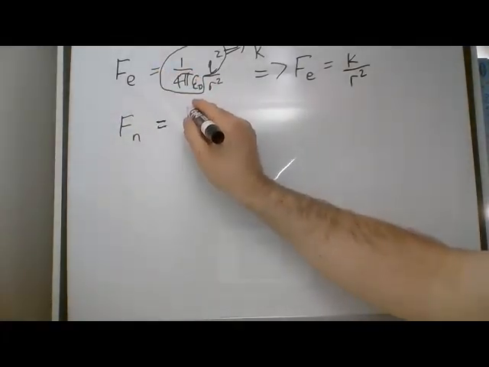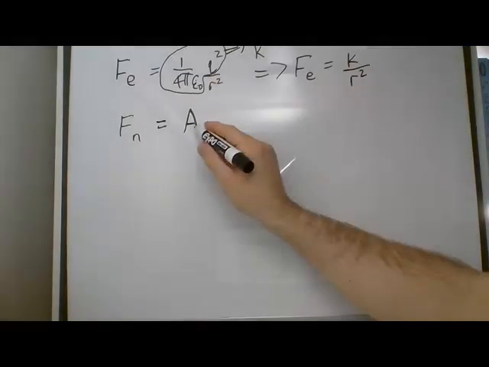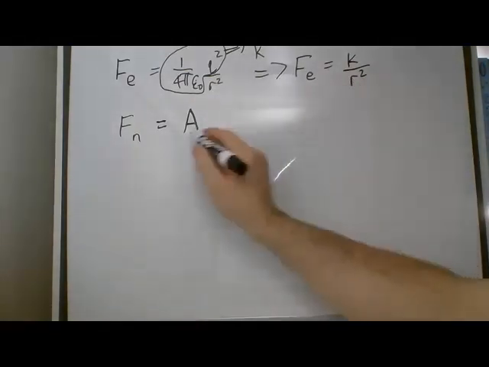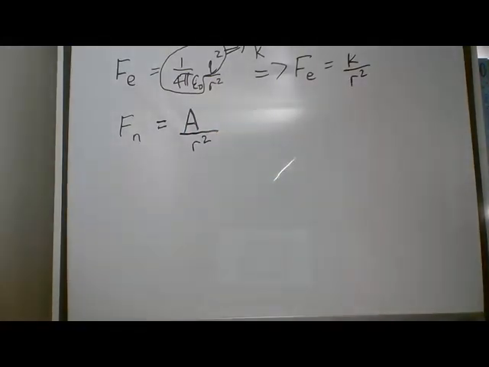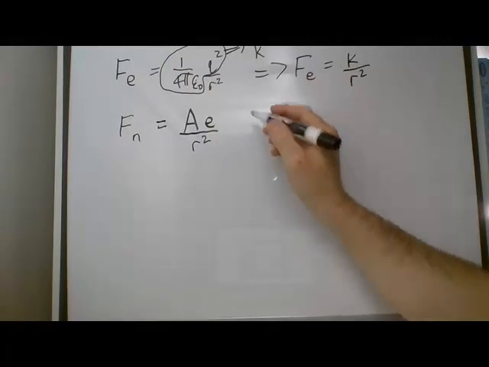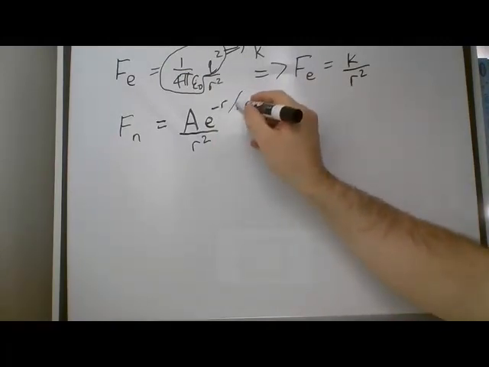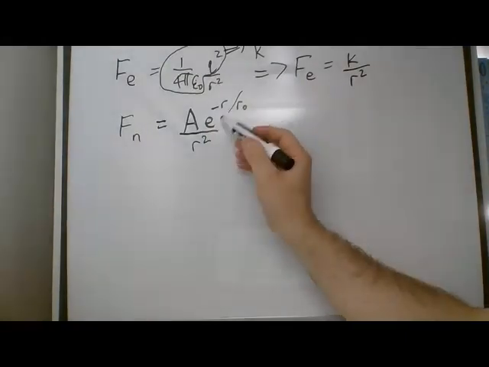Let's call this constant A. Why A? Why not? However, it's also a constant over r squared, but there's a decay variable here as well. So it decays exponentially, according to this expression here.